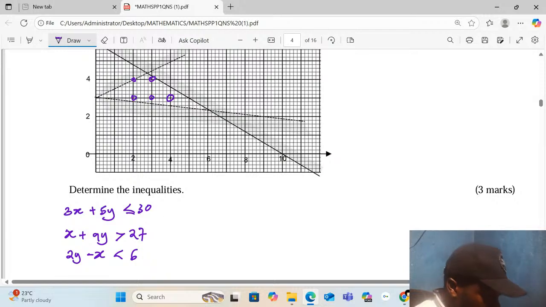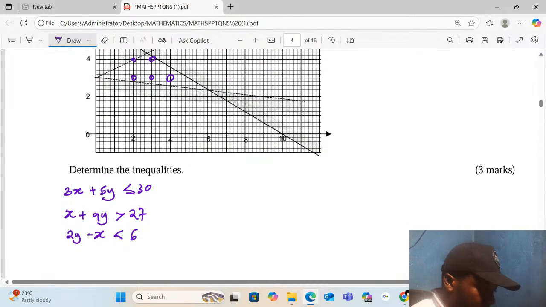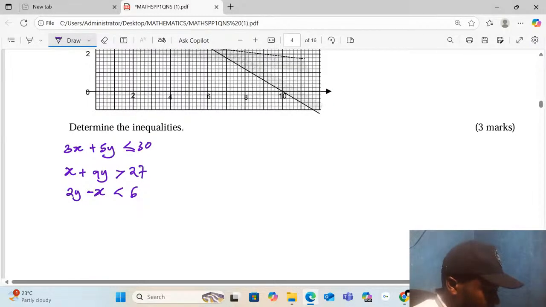No equal sign because of the dotted lines. Then with the three inequalities, you can get your 3 marks.